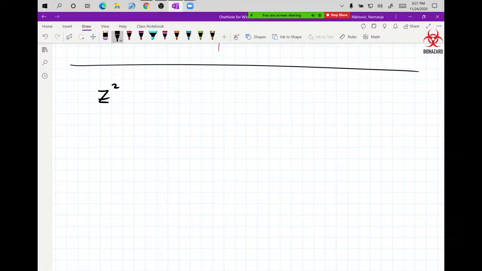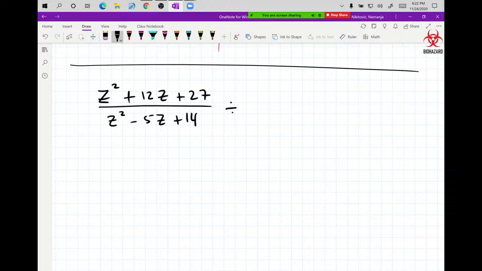Z squared plus 12z plus 27 divided by z squared minus 5z plus 14 divided by z plus 3 over z plus 2. So this is up there in spice level for elementary algebra, obviously. In intermediate algebra, you have to repeat all of this stuff and then add more things to it.